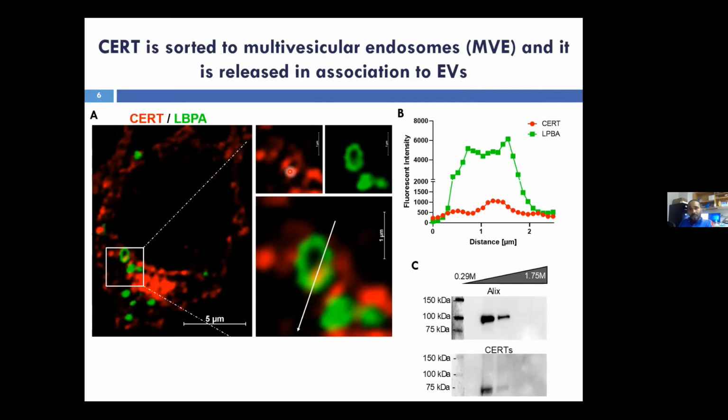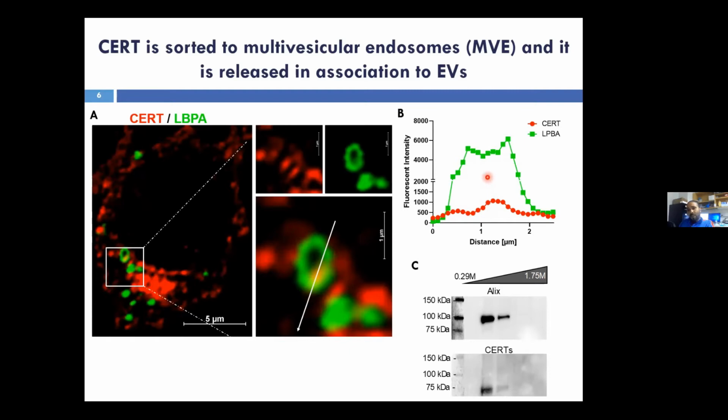And what you see is that we found a colocalization. And actually, it seemed that CERT is not only colocalizing with the MVE, but is inside the MVE, as is also shown in B in the line scan analysis, where CERT is peaking right where the MVE signal coming from the LBPA is found.